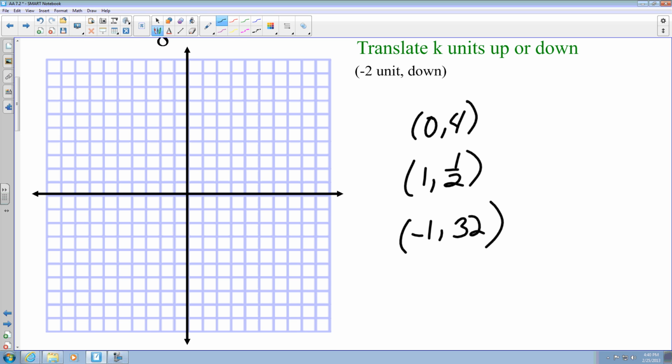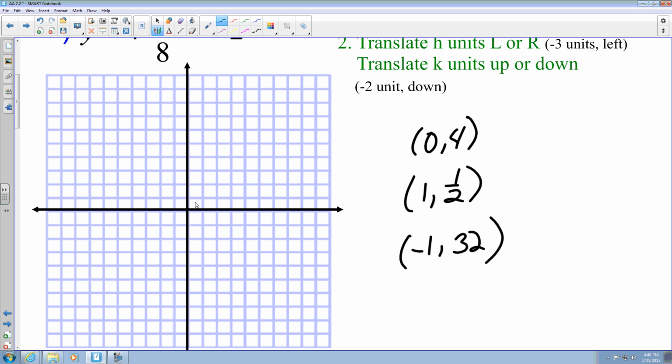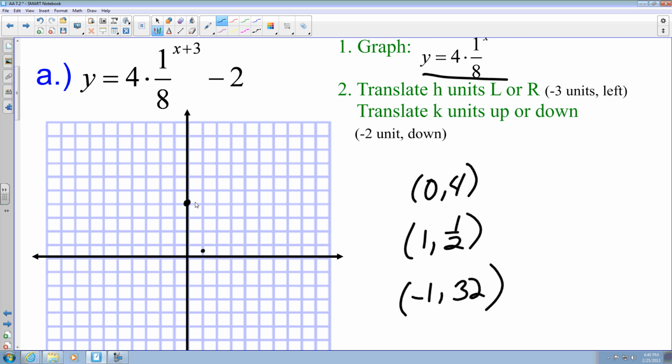I'm going to plot 0, 4, and I'm going to go 1 and 1/2. The -1 and 32 is way off the charts at this point, but if I change the color here, this tells me that my h equals -3, and my k is -2.